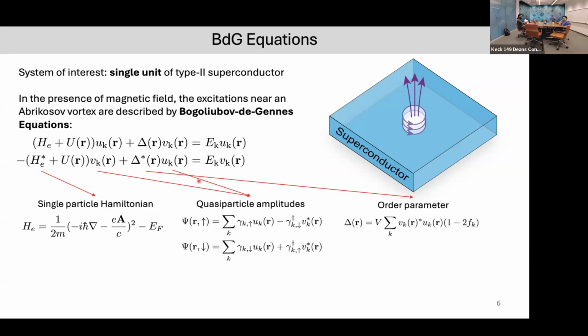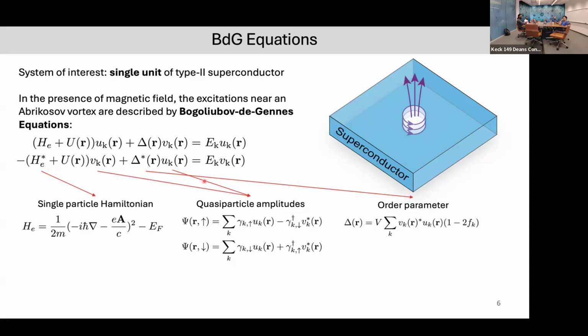u_k's and v_k's are the quasi-particle amplitudes expressed in the position basis. So these are the coefficients that you get out of the Bogoliubov transformation, as we saw before, but these are just expressed in terms of position basis now, where these psi's are electron annihilation operators for a particular position and spin value. And delta again is the order parameter, the modulus of which gives you the sense of the superconducting band gap.